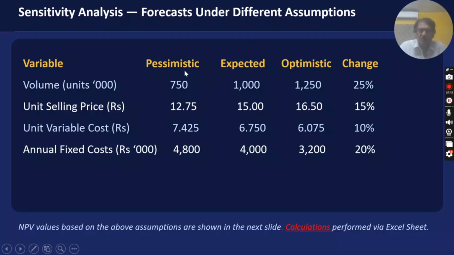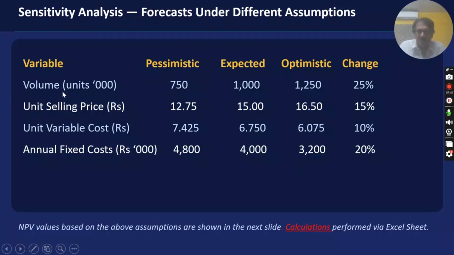Pessimistic means when everything goes adverse, expected means normal things, and optimistic means when everything is going favorable. So in that case we have estimated the input parameter values will be this.